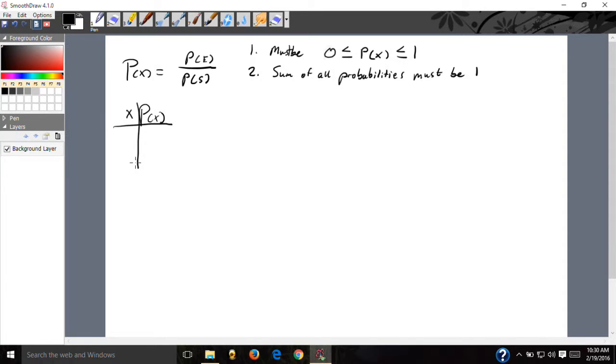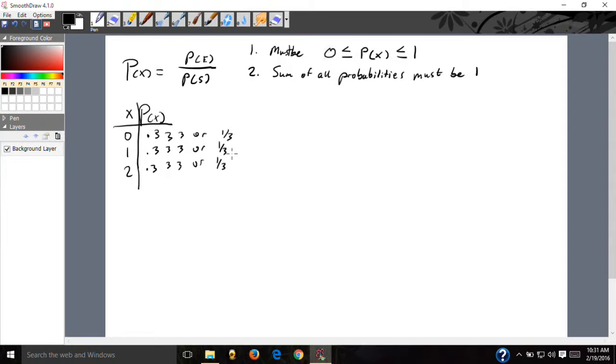say that 0, 1, and 2, and let's say that I was drawing cards or something, and each outcome had a probability of 1/3.